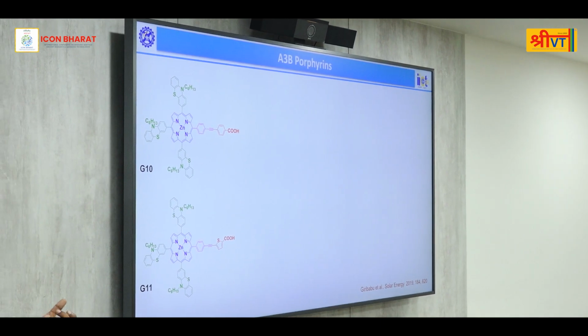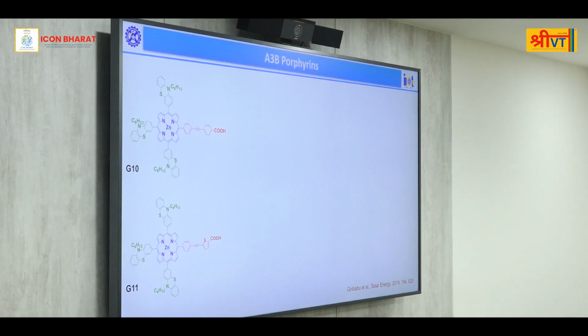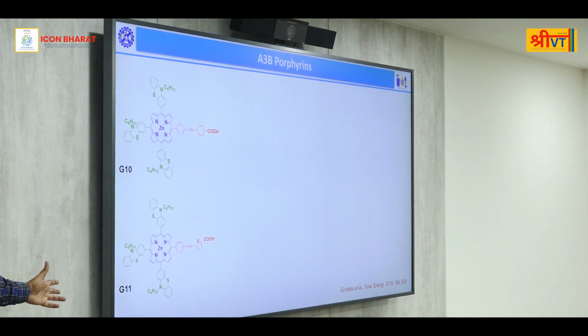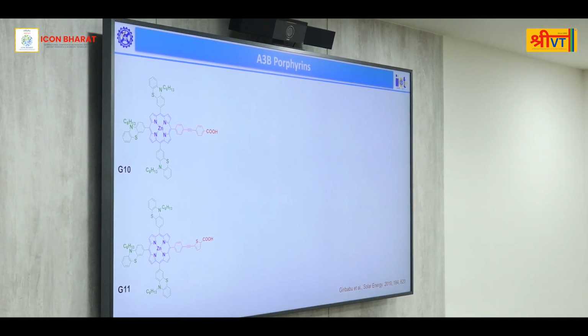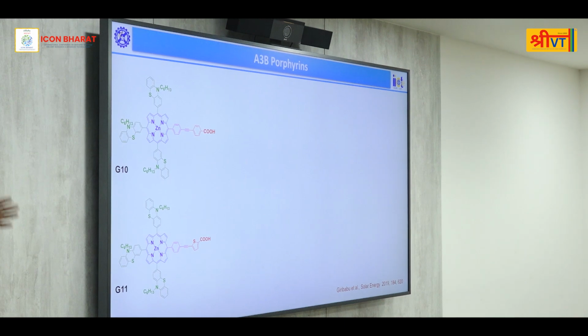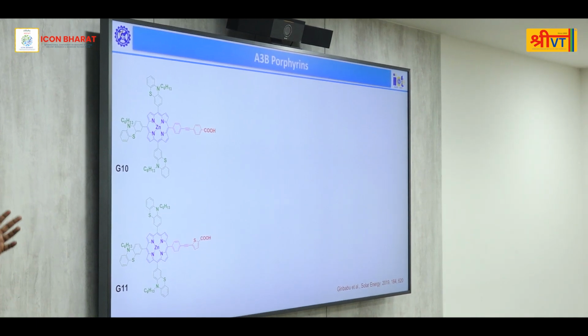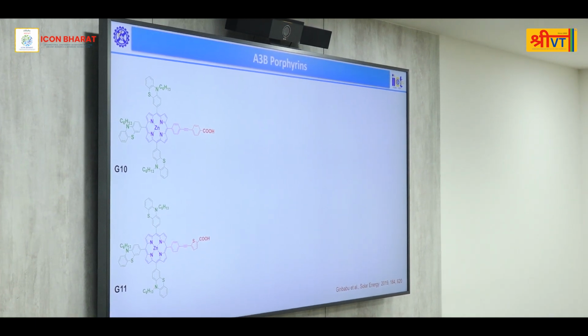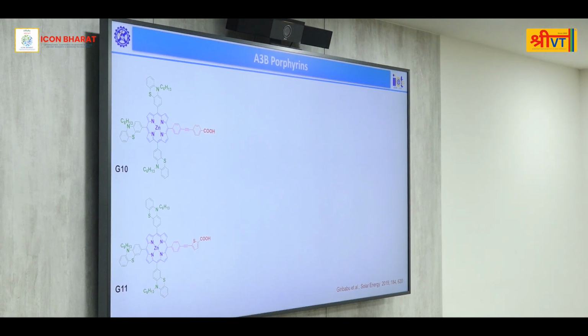Zinc is a plentiful metal available within India. So if you are able to design these kinds of molecules, then the total materials are available within India and you can synthesize them in the laboratory. And if tomorrow there are any environmental concerns about these molecules, we can redesign them.